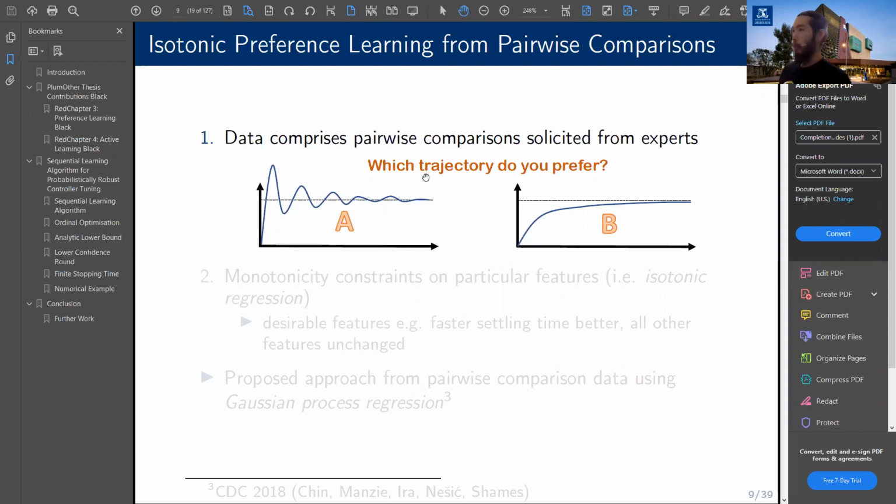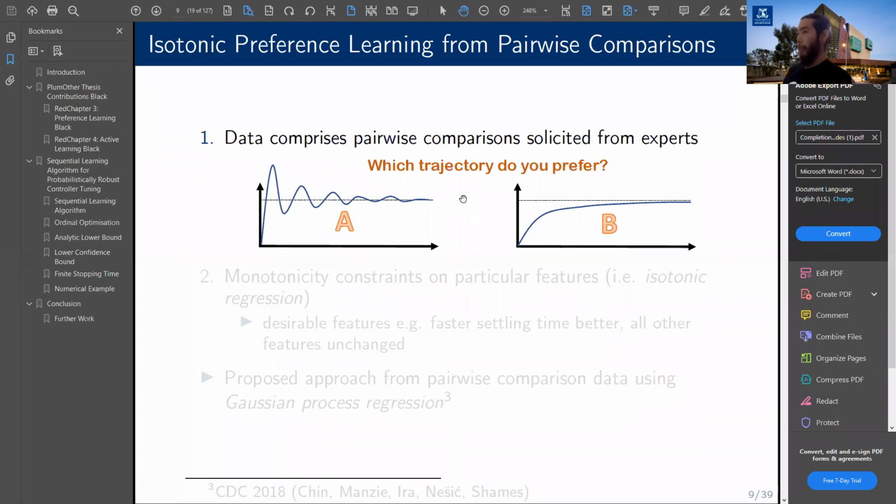To collect our data, we ask the expert, given these two trajectories, which one do you prefer? Do you prefer A or B? And then the expert says whether they prefer A or B. And they do that for many different pairs. That consists of our data set, which we're trying to learn preferences from.